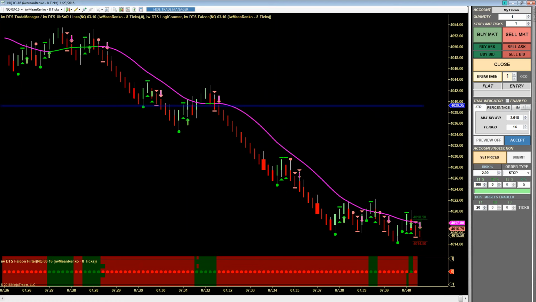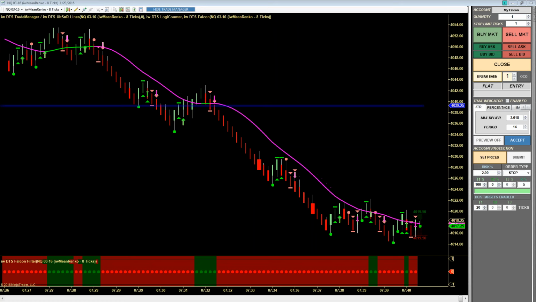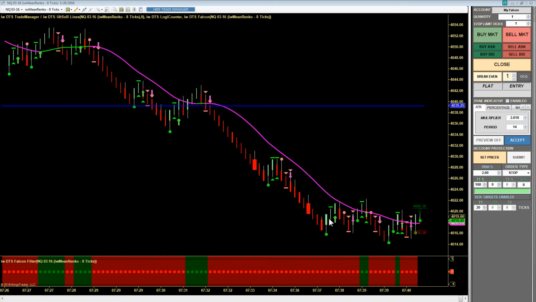I'm not sure we're going to get a whole lot of recovery out of this market right now. Starting to flatten out a little bit.